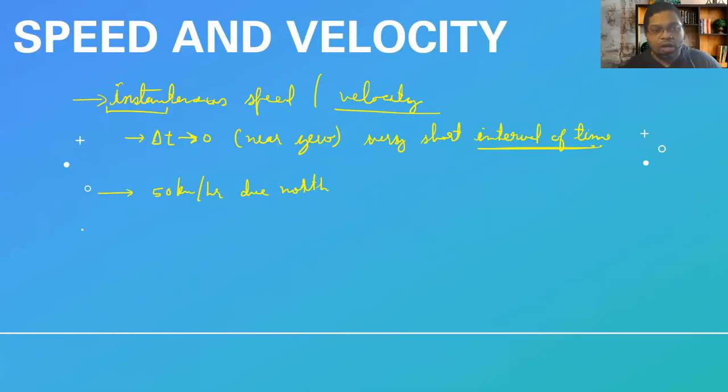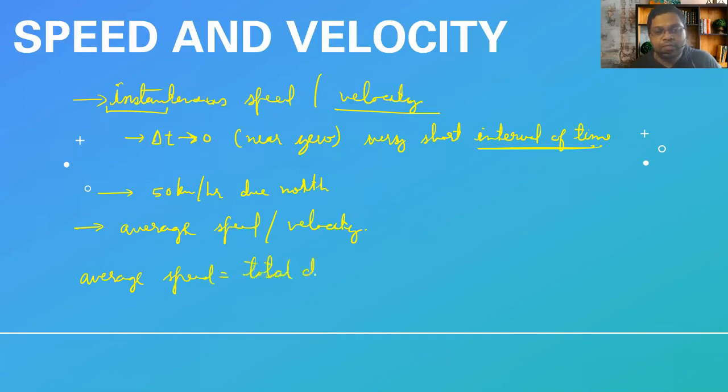Okay, after that, what you have is average speed and you have average velocity. Okay, so for average speed, the formula is total distance upon total time.